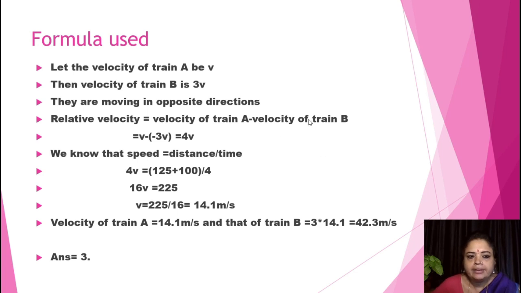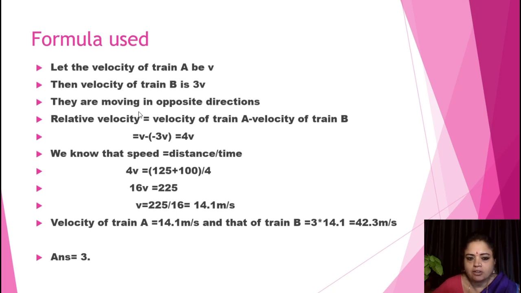So here it is given that the velocity of the train has to be found out. So for train A we have to find out the velocity, and for train B also we need to find out the velocity. So velocity of the train A, let it be small v, then velocity of train B is given as 3 times that of A, so 3 times v, and it is also given that they are moving in opposite directions. So opposite directions means you have to find out the relative velocity.